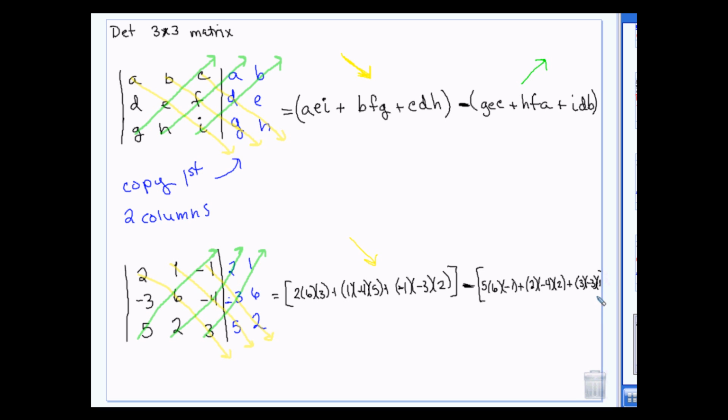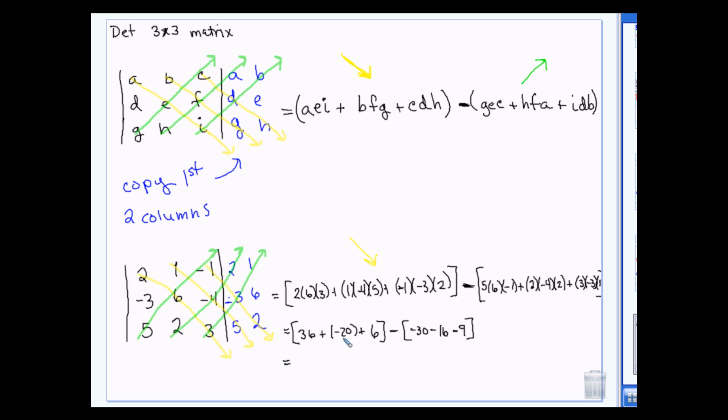Sorry, that's so crowded. 2 times 6 times 3, that's 12 times 3, so 36, plus negative 20, plus positive 6, minus negative 30, minus 16, minus 9. So I've just done the multiplication part.